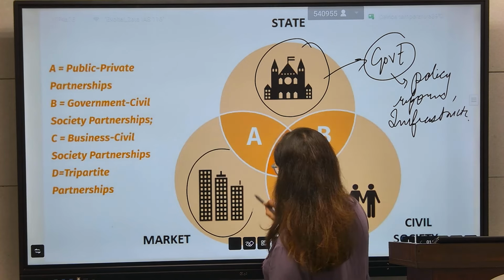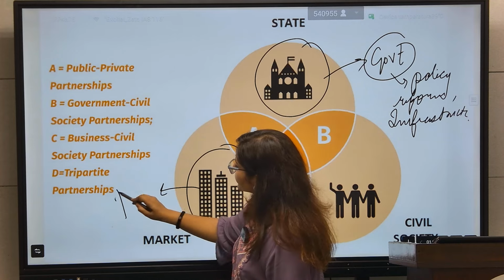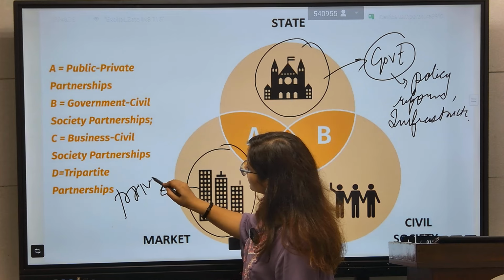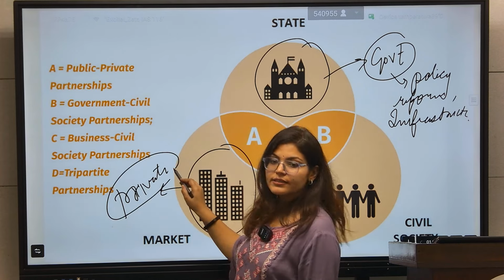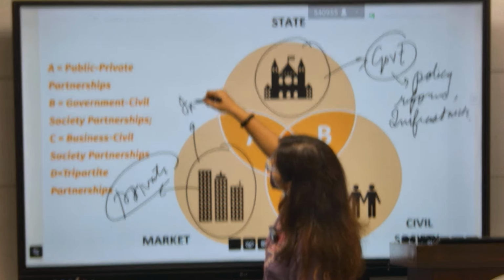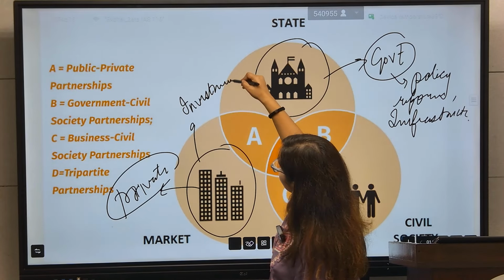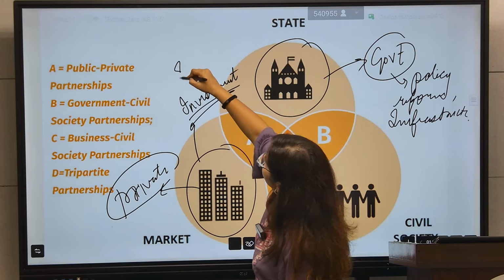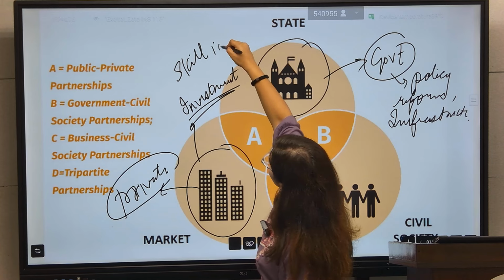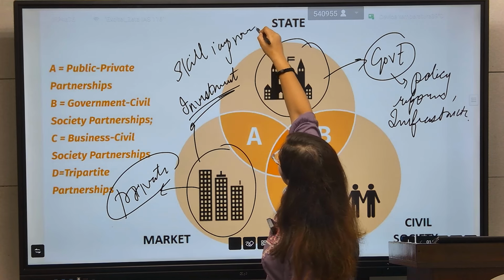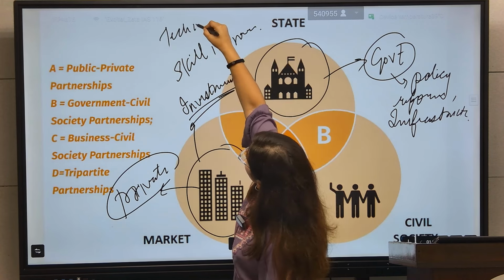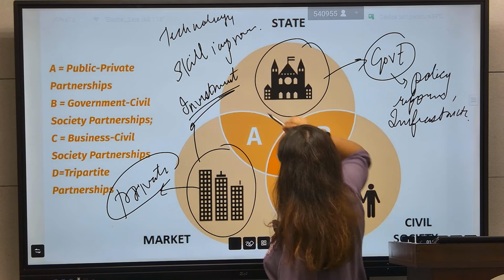Here the private sector. What is the private sector's strength? Investment, skill improvement, technology, and there is NGO.